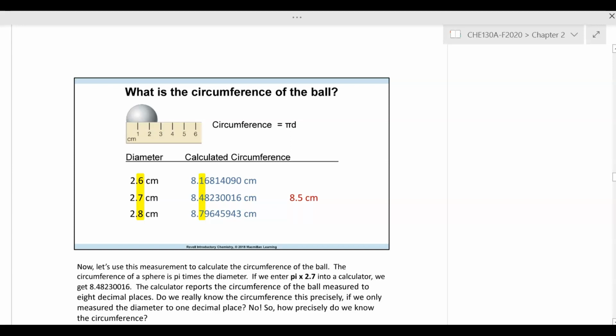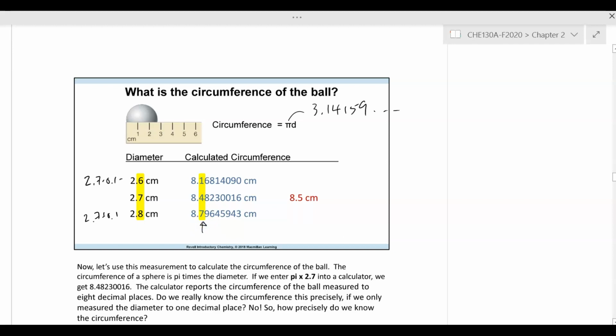Now, when we go to calculate the circumference, it's the diameter times pi. Pi, of course, is 3.14159, whatever, that number goes on. It's a number that's defined for quite a few significant figures. If we calculate that out, and what they've done here is they've calculated using the 2.7 minus 0.1 and the 2.7 plus 0.1, what you see is you get a variation that again shows up in that tenths place.